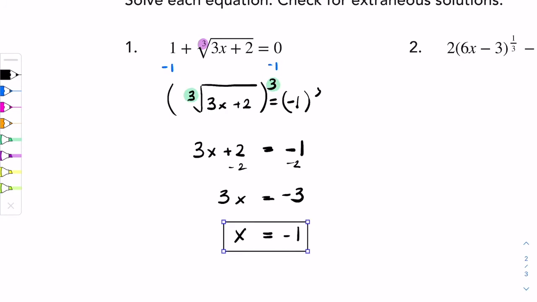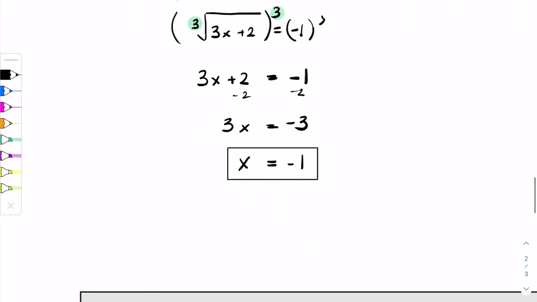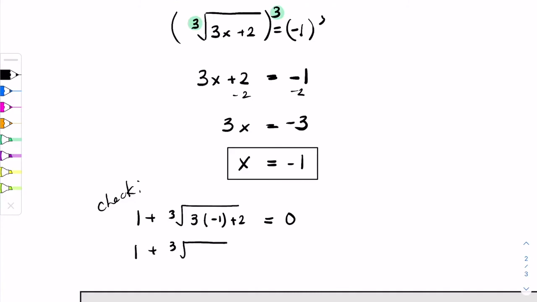And just like with square roots, you do have to check for extraneous solutions. So when we check for this, we substitute -1 into the original equation, giving us 1 plus the cube root of 3 times -1 plus 2, and this is equal to 0. 1 plus the cube root of -3 plus 2 equals 0. 1 plus the cube root of -1 equals 0. 1 plus -1 equals 0.